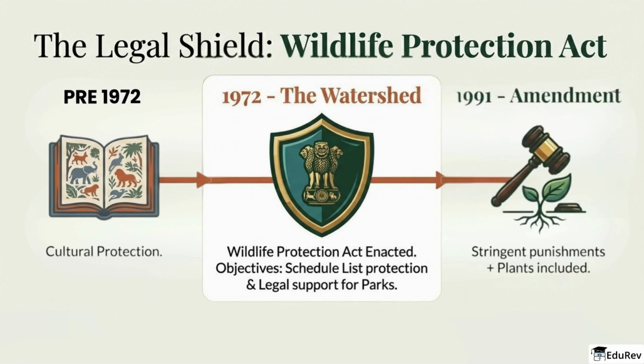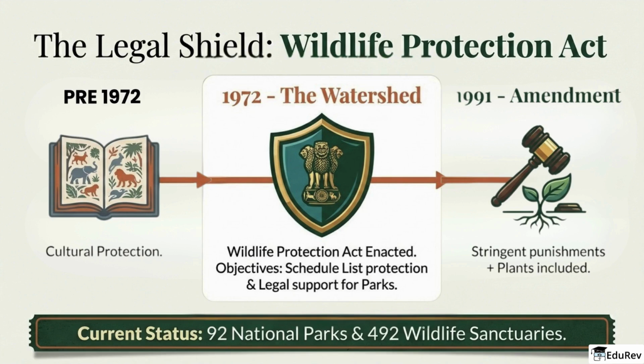Then came the 1991 amendment. That amendment made punishments stricter and also brought plants more clearly into the legal protection framework. And the institutional scale given here is worth remembering. 92 national parks and 492 wildlife sanctuaries. Do not study the act as a date only. Study it as the point where conservation shifted from sentiment to law.